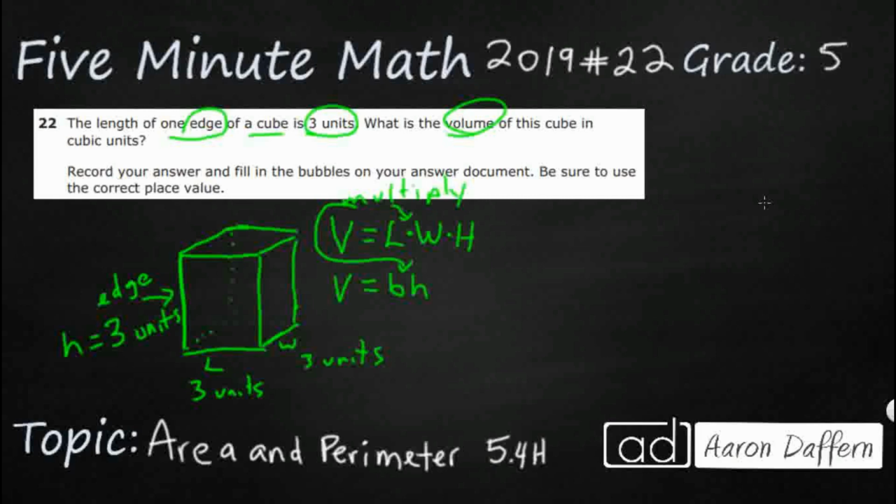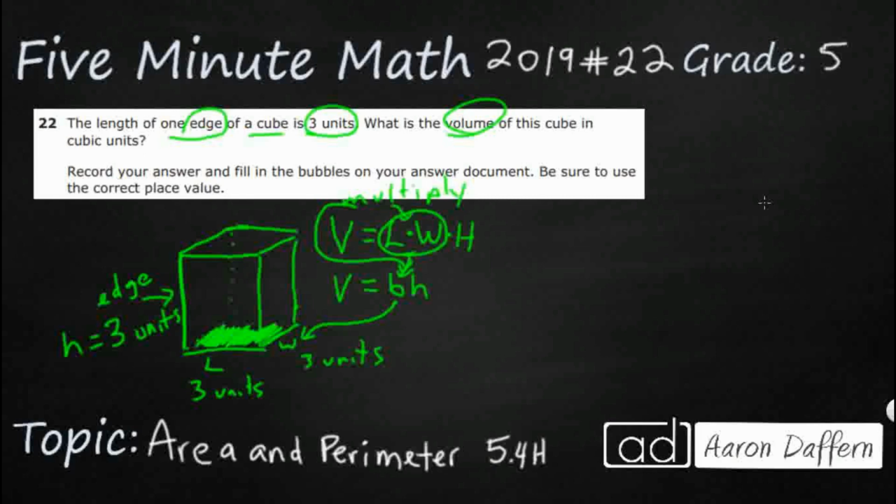If you want to, you can also just find the base. The base is going to be the bottom level right there, and that is going to be the length times width. What we're really doing is taking the length times width and finding the area.